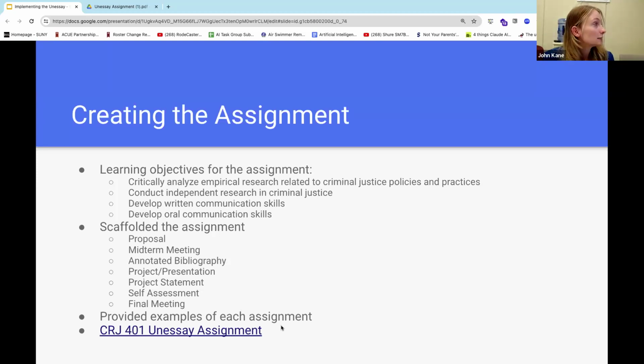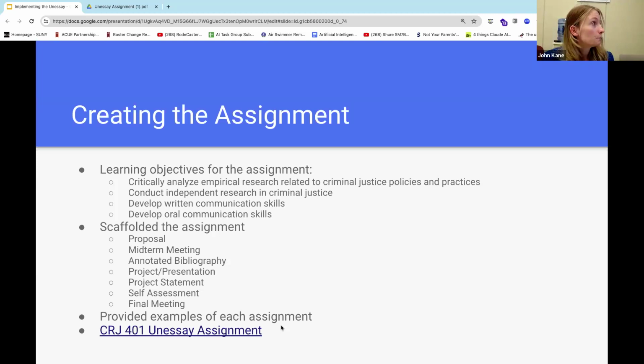And so we first started off with a proposal. That proposal was a relatively short paper because they were encouraged to begin some of their preliminary research on their topic and include that in there.